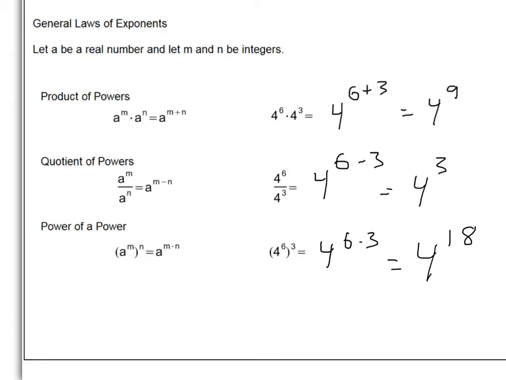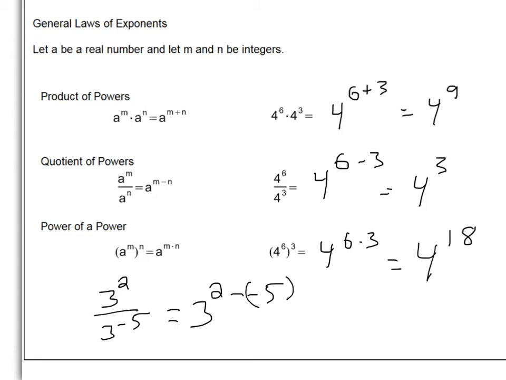One thing just to be careful with, especially when dealing with the quotient of powers, but it applies to the other 2 as well, is if any of our exponents are negative, then it may result in subtracting a negative. As a quick example, so you can see what that looks like, if you have 3 to the 2nd over 3 to the negative 5th, that's going to become 3 to the 2 minus negative 5.